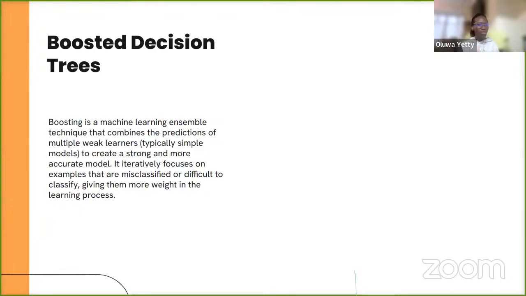There are differences between the bagging method and the boosting method, but they are trying to achieve the same thing, which is to work on the weaknesses of the decision trees, but they have different approaches. I think the bagging method does it in a parallel way.